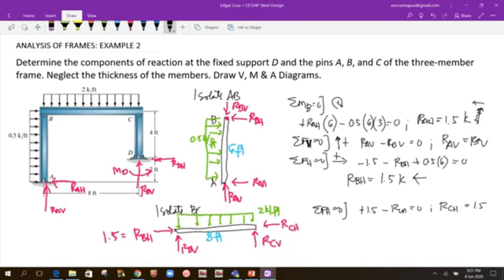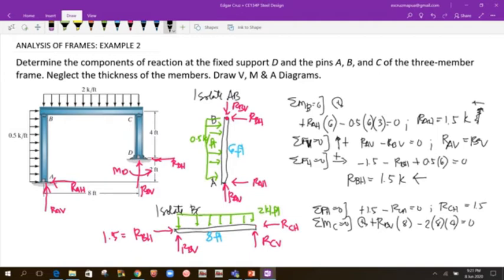Okay, then kapag nag-summation moment naman tayo sa C equal to 0, let's say clockwise positive. So we have RBV. The moment arm is 8 and that is positive kasi clockwise. Tapos yung uniform load naman is counterclockwise, so minus 2 kip per foot times 8 resultant times the moment arm is 4.